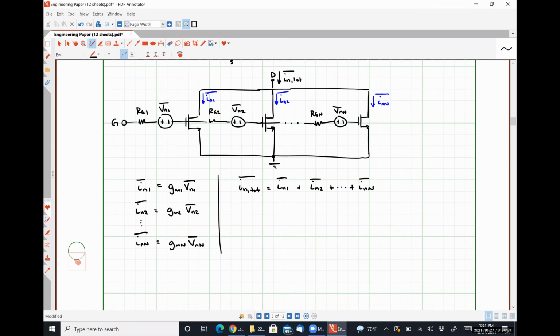Everything making sense thus far? All right, so since we can express these drain currents in terms of our noise voltages, we're going to do that.